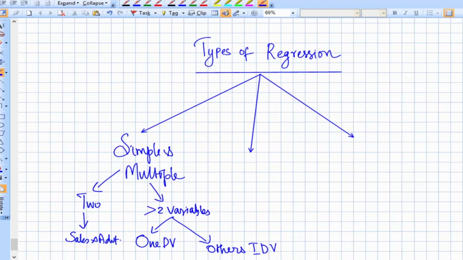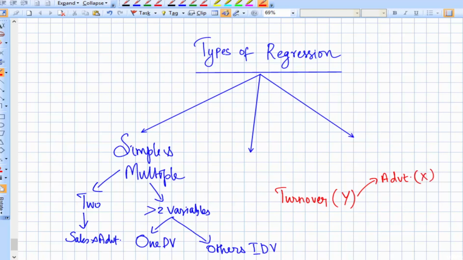If you want some example for this, say we are trying to measure the regression between something called turnover, and I'm going to call the turnover as y. Then this y, which is the dependent variable, is dependent on independent variables. Let's say advertisement, I'm going to call it as x.